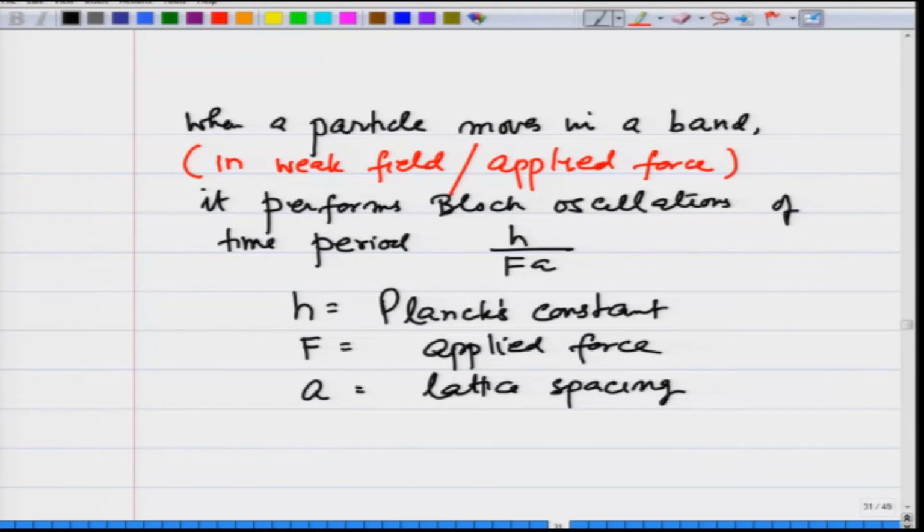So, this is very different from the free electrons, where they keep moving in one direction.